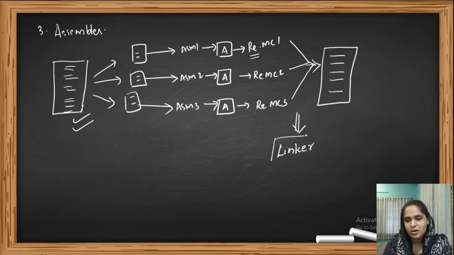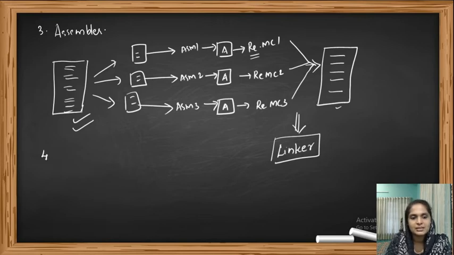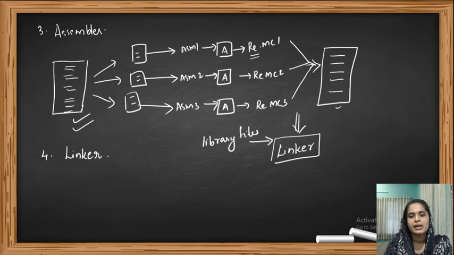So it is the task of the linker to link together all these relocatable machine codes so as to obtain the final integrated target code. So the fourth step is linker, and this linker will perform this task with the help of some library files as well as relocatable object files.